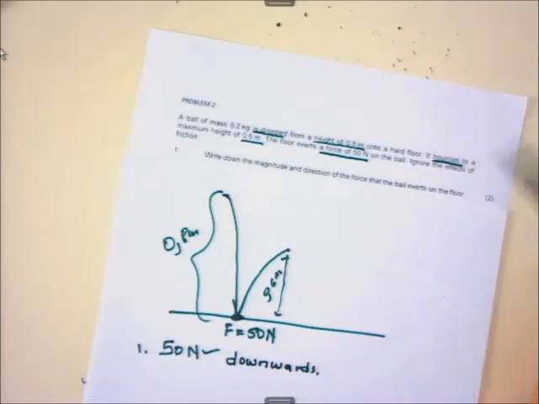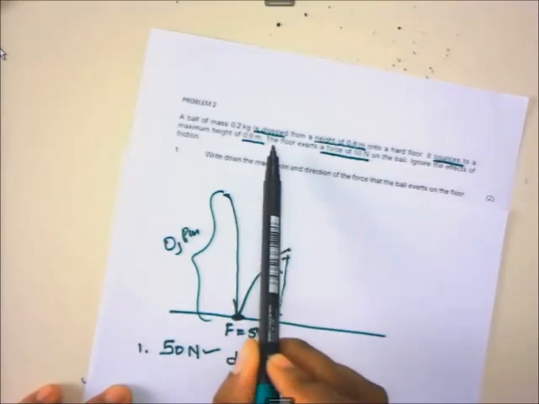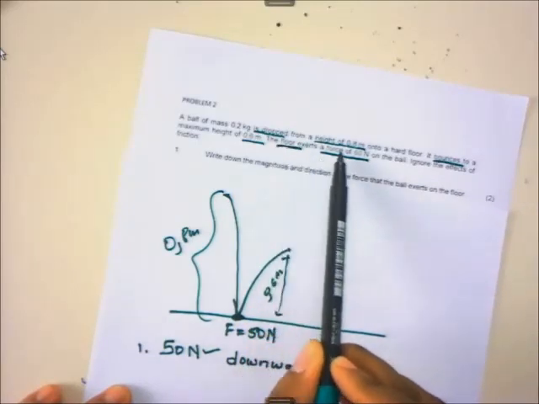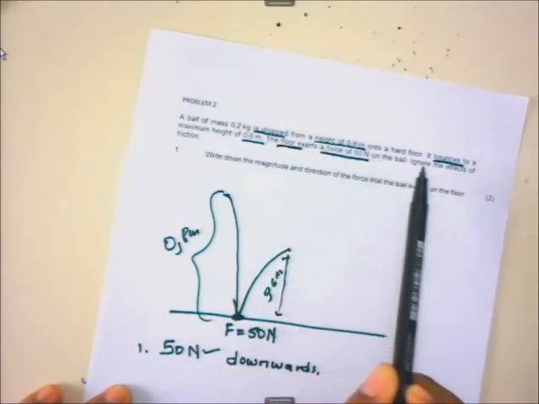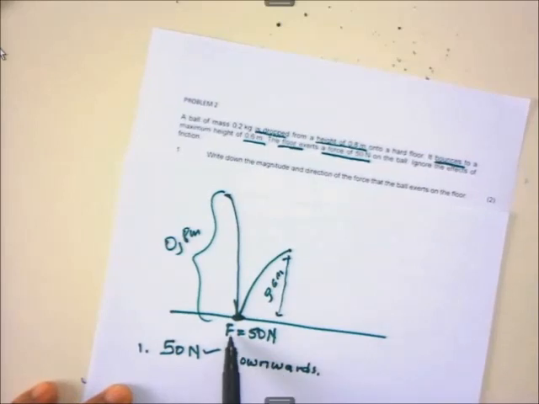Remember, when you look at Newton's third law, why do I say downward? Newton's third law says body A will exert force on body B and body B will exert force on body A, but in the opposite direction. So our statement here says the floor exerts a force of 50 newtons on the ball.